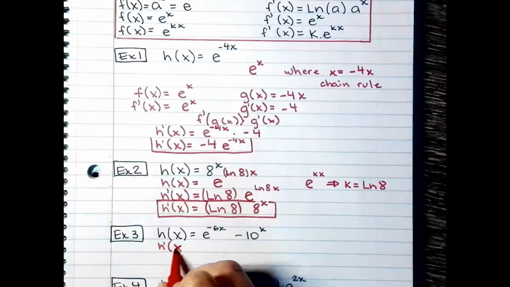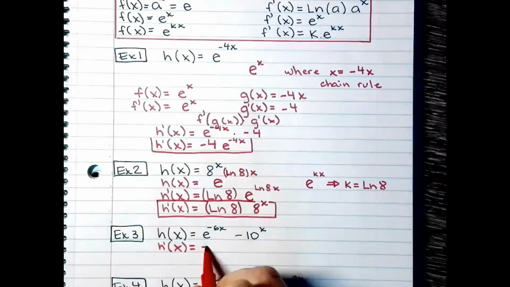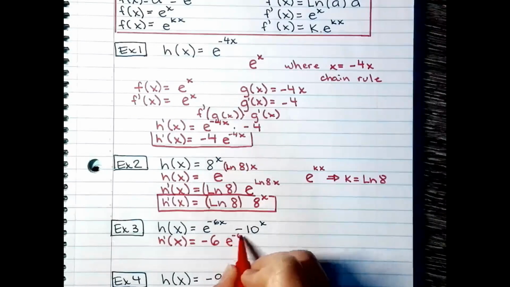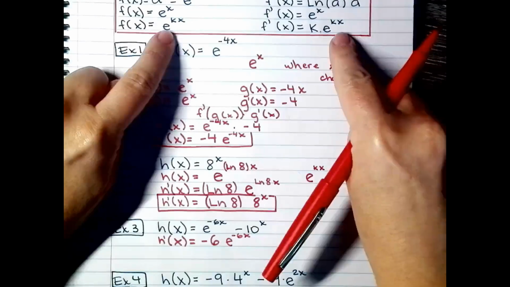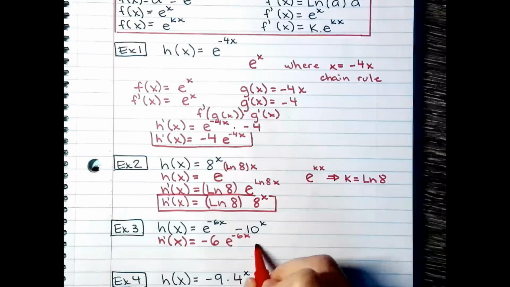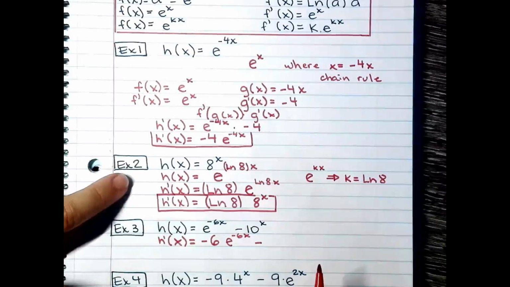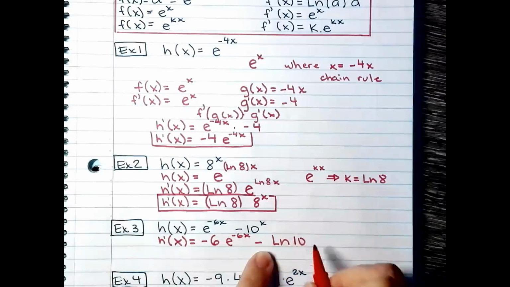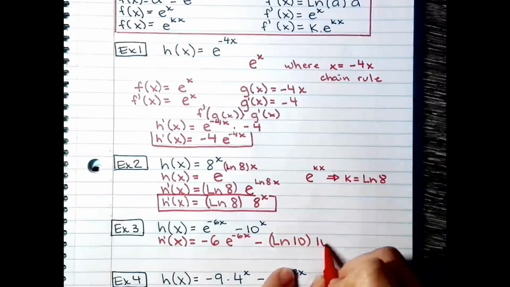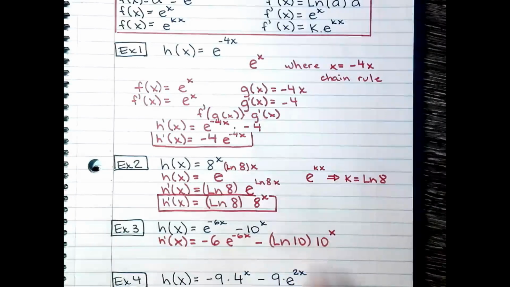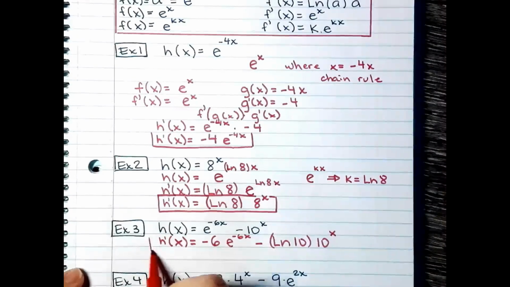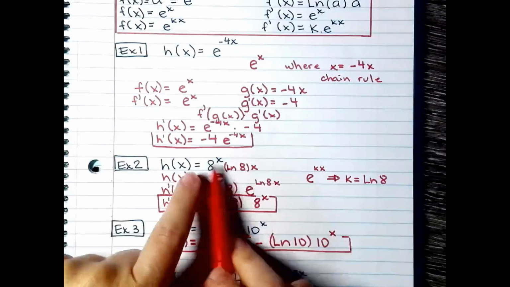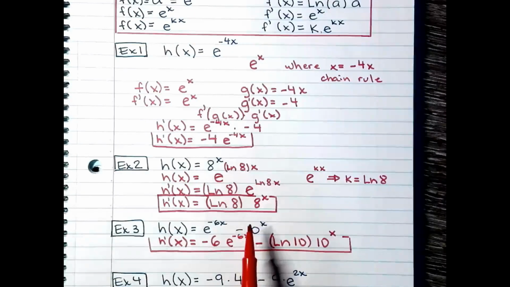So the derivative of h of x is going to be negative 6, and then e to the power of negative 6x, and then minus, from example 2, I can just go straight into natural log of 10, and then 10 to the power of x. And that's all there is to it. That's your final answer. But this is all true because of all the legwork that we did for this one right there.